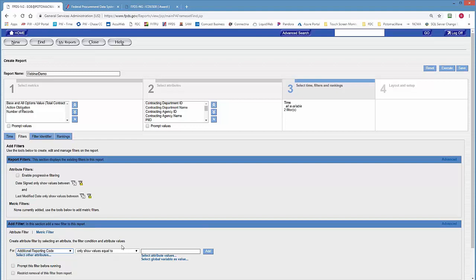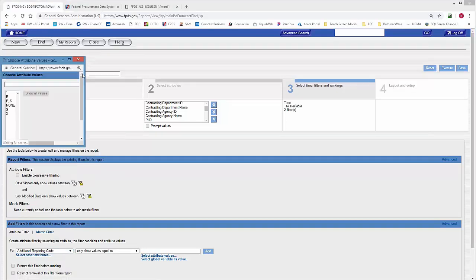Only show value is equal to, and here I can hit select attribute values. And I can pick E, S. I'll just pick this. That's just wrong.